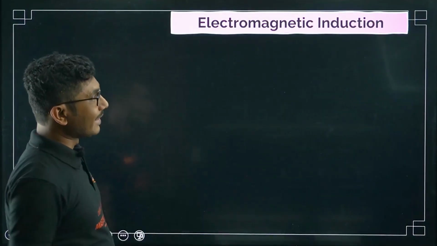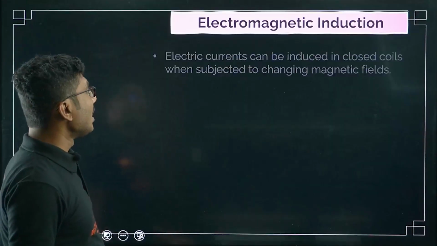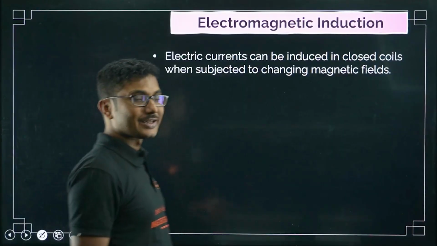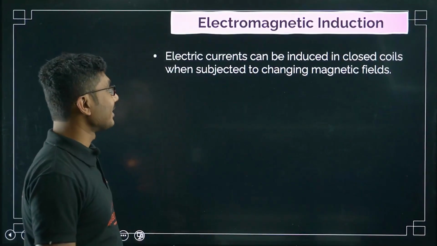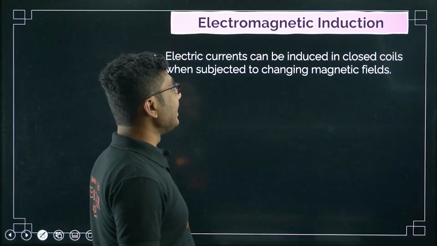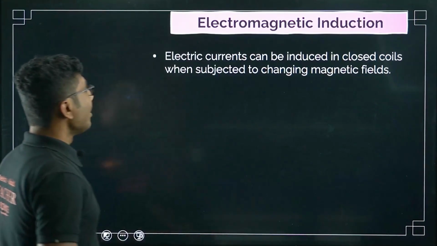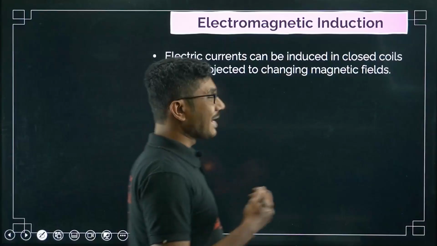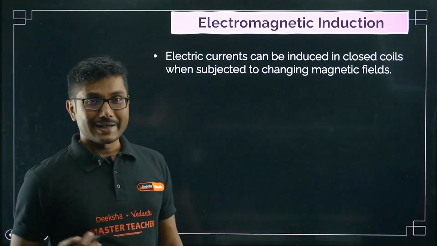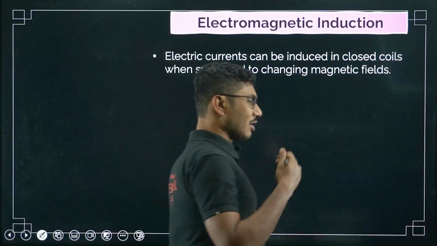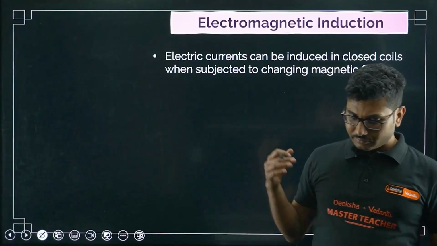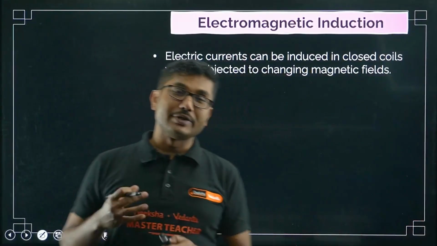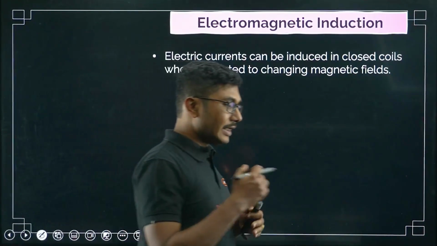First is electromagnetic induction, basic definition. Obviously if we are talking about induction, we should know what electromagnetic induction is. Electric currents can be induced in closed coils when subjected to a changing magnetic field. So when the magnetic field associated with a coil changes, the coil induces a current.